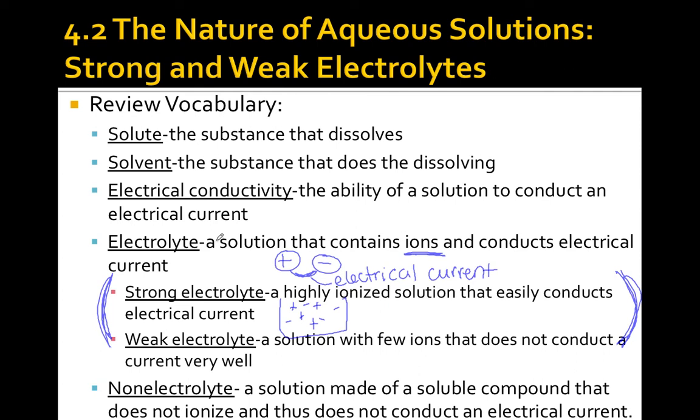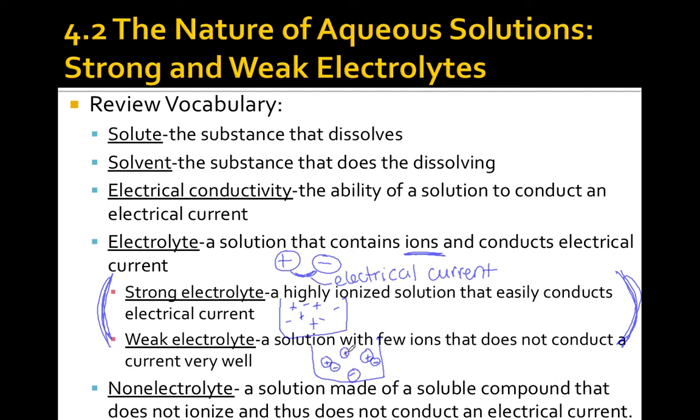So there might be a solution that has a salt here and another salt here, but these haven't completely dissociated. But then you have maybe one of the salts that has.